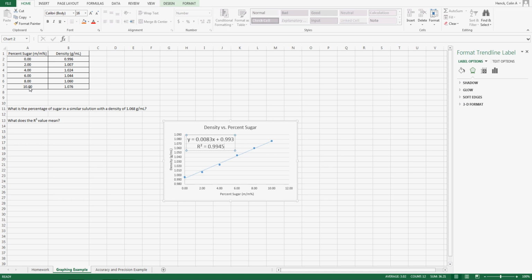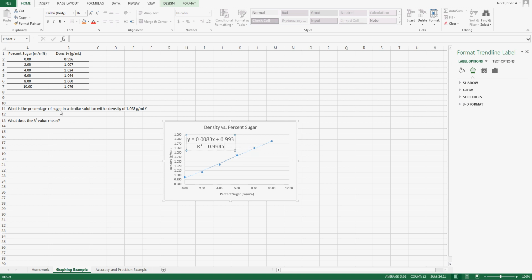So for example, if Coke wanted to know how much sugar was in Coke, I know it's high fructose corn syrup and not sugar, but if they did want to know how much sugar was in Coke, then basically they could measure its density, which is relatively easy to measure experimentally, and then use the equation of this line to figure out how much sugar was in it. And believe it or not, you're actually going to do this as the third lab experiment in this course.